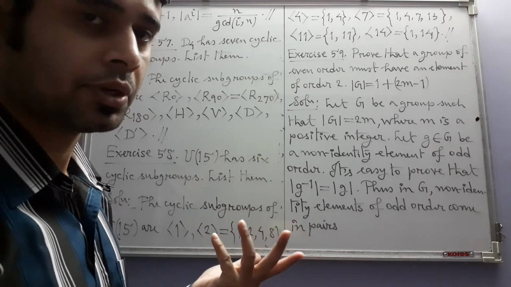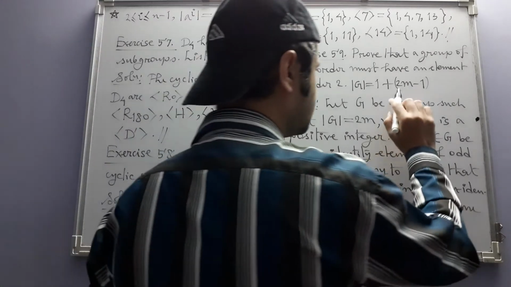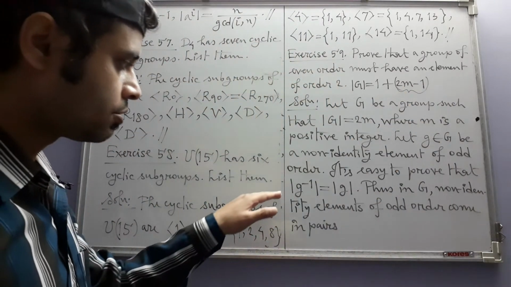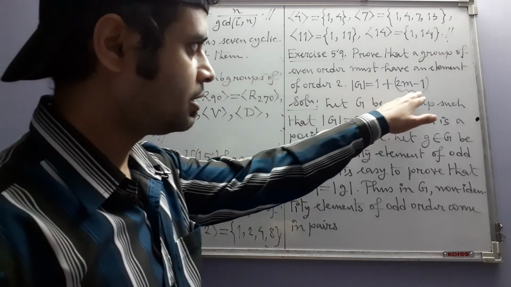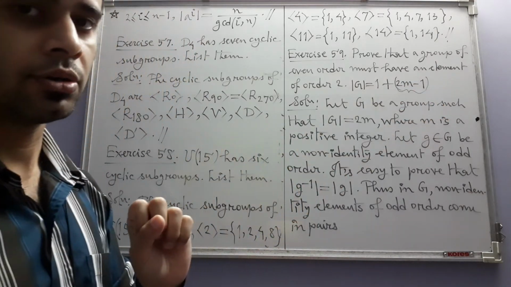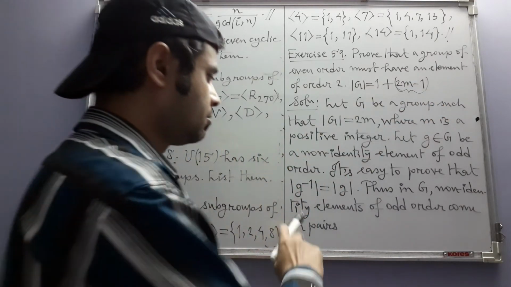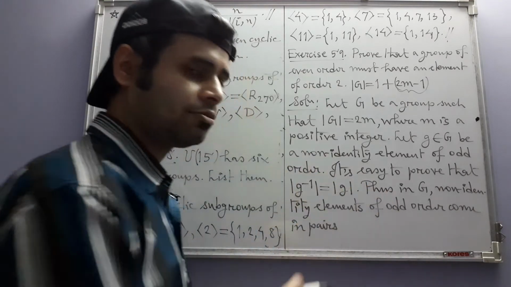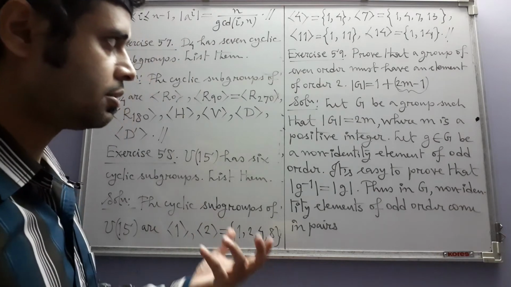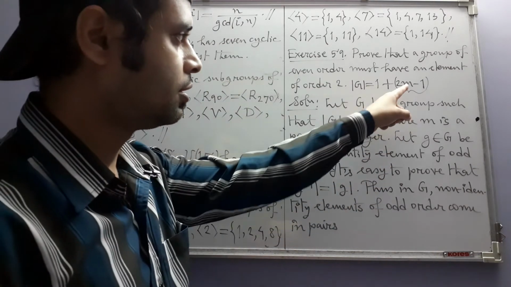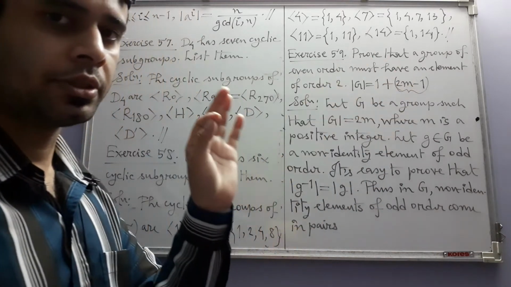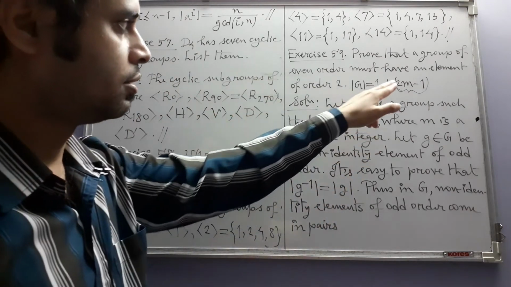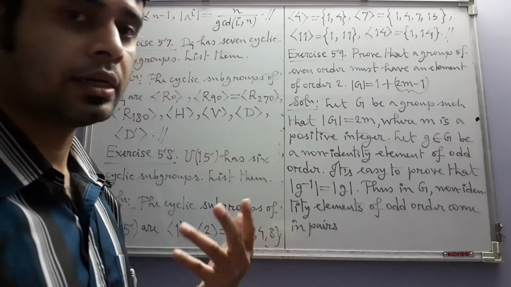And since this number is odd, all the non-identity elements cannot have odd order, because the elements of odd order can produce only a number that is even, whereas this is odd. So that means there must be a non-identity element whose order is even.